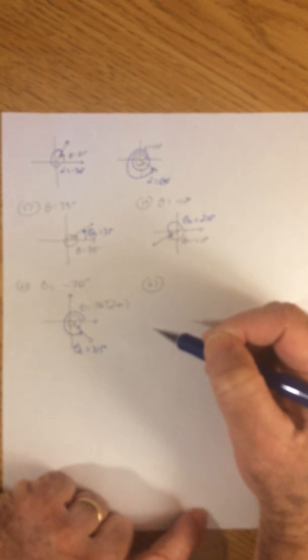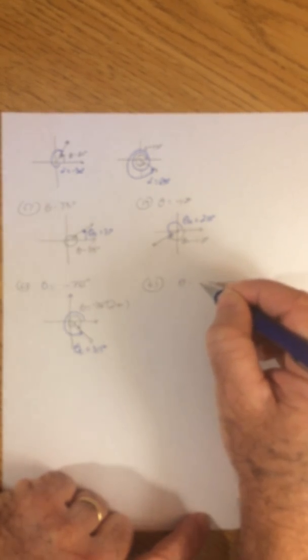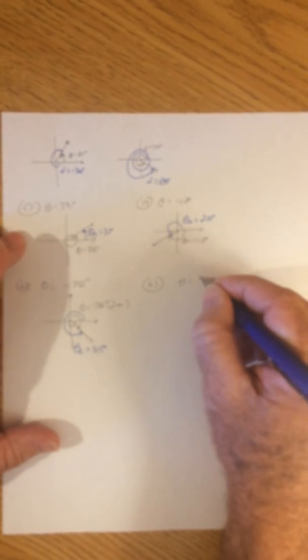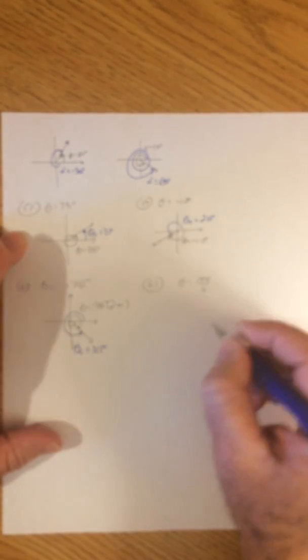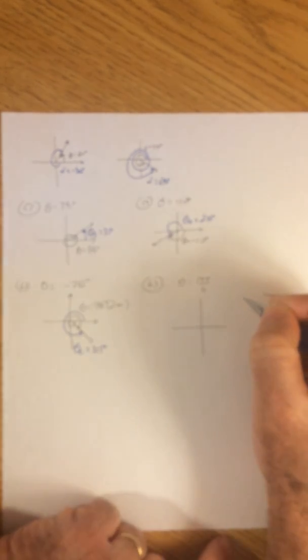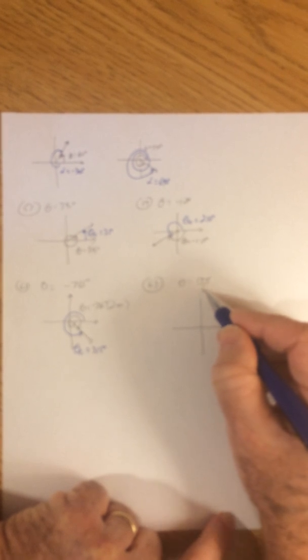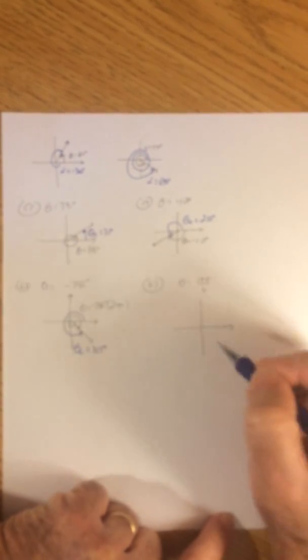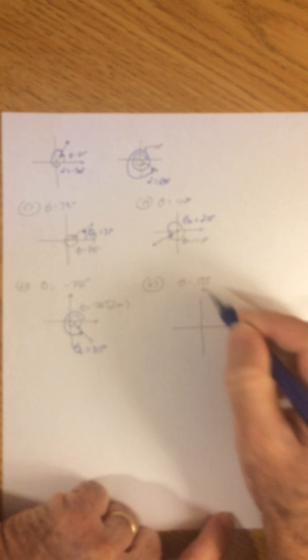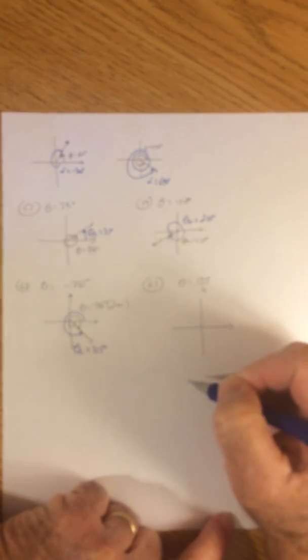All right, let's move on to number 63, and the theta value here is 19 pi over 6. Okay, now how are we going to graph that? I like to do what we call count by sixes, because that's the denominator of the fraction. Every 6 over 6 is 1 pi.